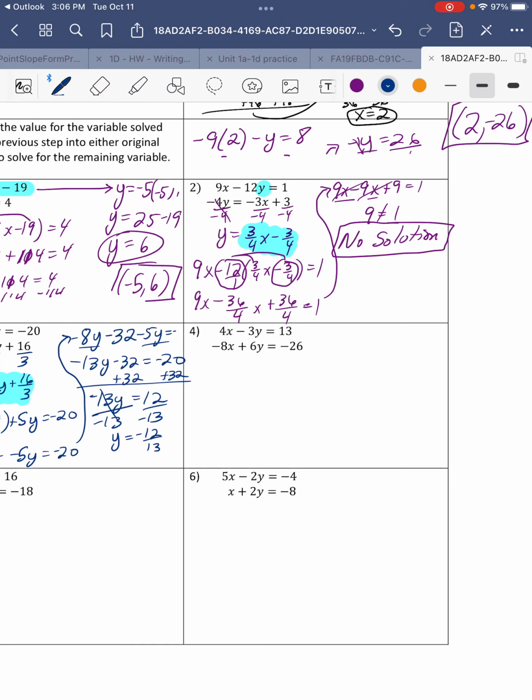So I'm going to solve for one of the variables. This one is actually set up really well for elimination. But we'll solve for one of the variables. It does not matter which one we're going to do. I'm just going to solve one of the top equation. And I'll solve for y.